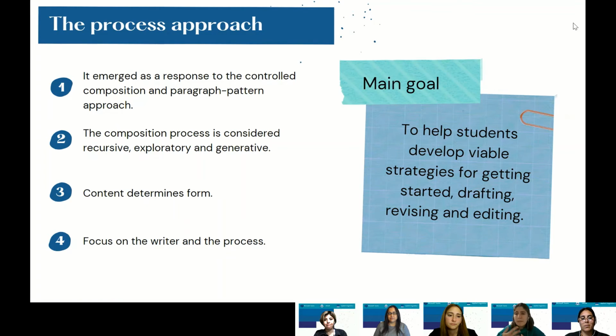So instead of imposing organizational patterns and syntactic and lexical constraints, the writing teacher should guide the writing process, bearing in mind that it is the content that determines form and not the other way around.